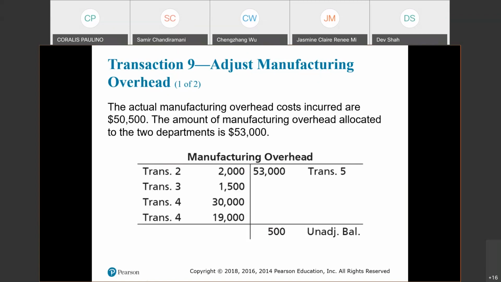The T account in this slide shows that the amount of manufacturing overhead allocated is $500 more than the actual cost incurred. This means the overhead is over-allocated.